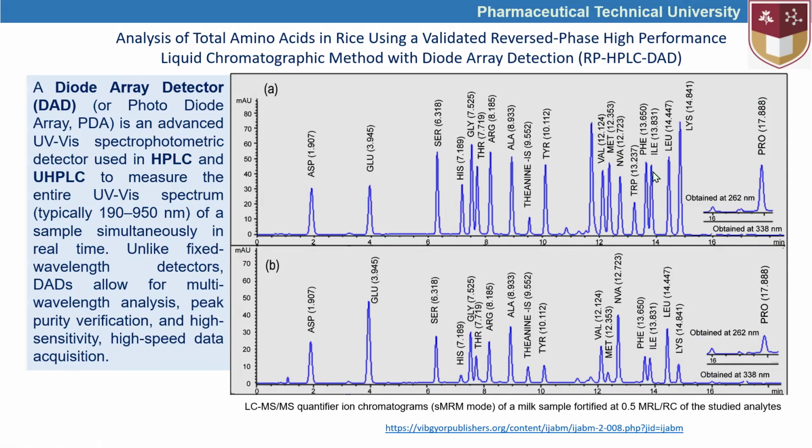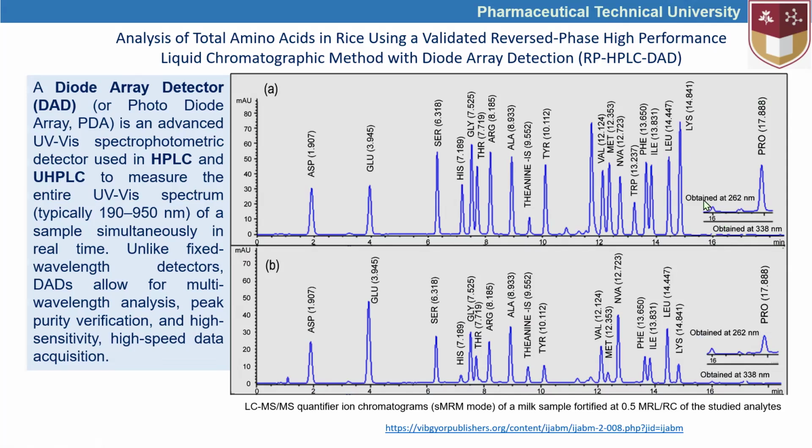Here we can see the samples of amino acids that were obtained by using DAD, diode array detectors. Here we can see different amino acids: aspartic acid, glutamic acid, serine, histidine, and the ending ones are lysine or leucine, something like that.